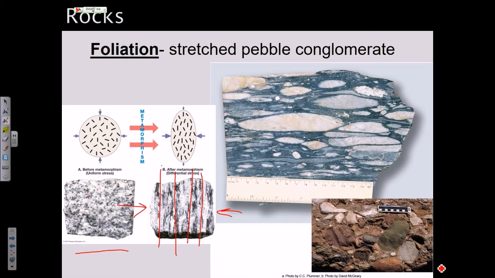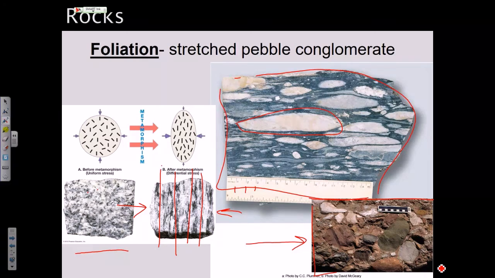Right? On the bottom right, we see a set of rocks that are not stressed. Apply stress to them, and you get the rock at the top here. Okay? And you can see, here's a scale, centimeters down here on the bottom. These used to be part of a sedimentary rock, interestingly enough, called a conglomerate, which we showed you in the previous segments.